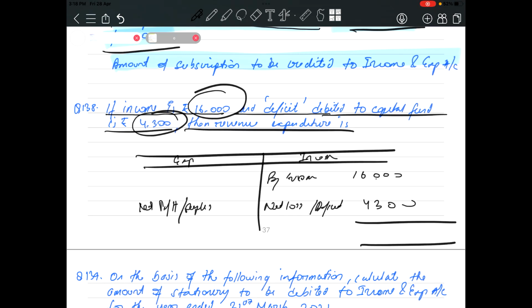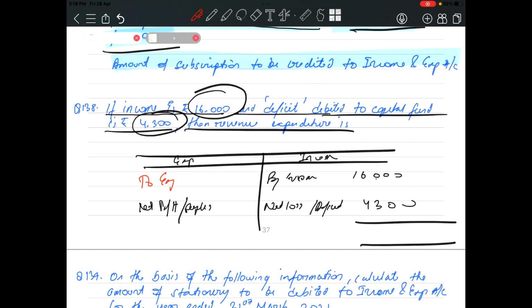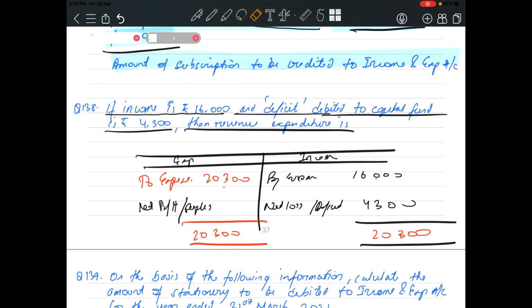So if this is the total amount of the credit side, 16,000 plus 4,300, the total expenses will be 20,300. You add this and this, then you will get the balance of 20,300. Simple, easy, right? So now we are done with question number 138. You note this down.